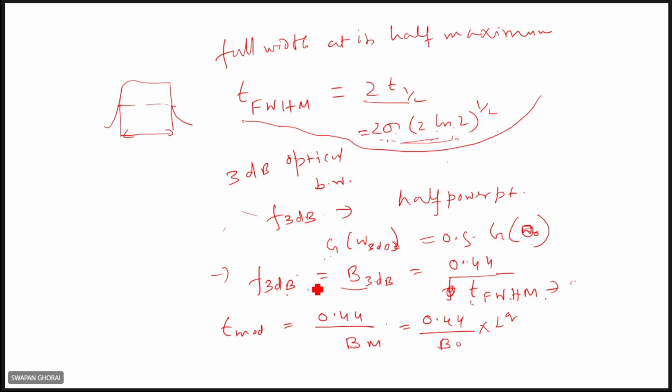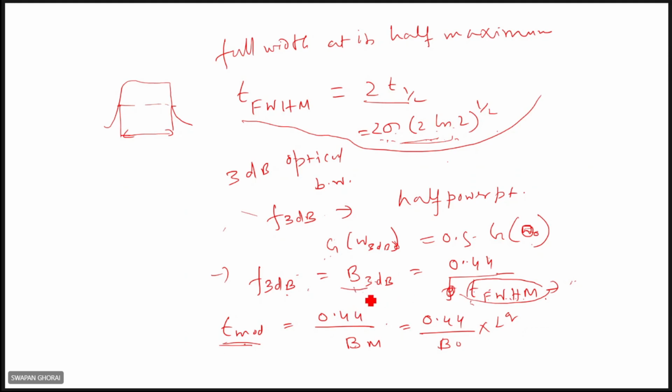Modal dispersion as time, that is our point: this TFWHM is the modal dispersion as time, resulting from the modal dispersions. So it is 0.44 by B3 dB.